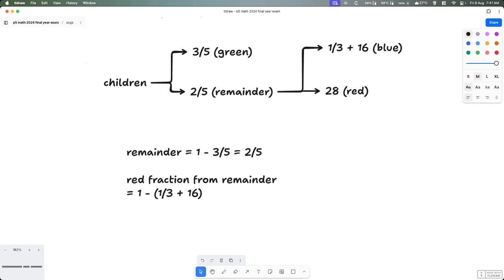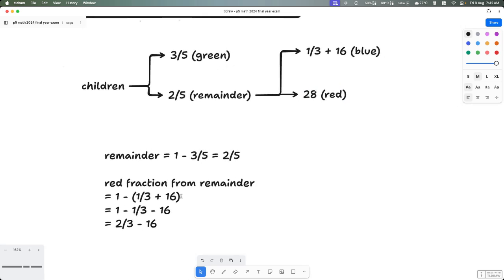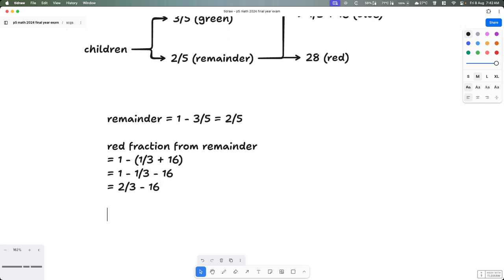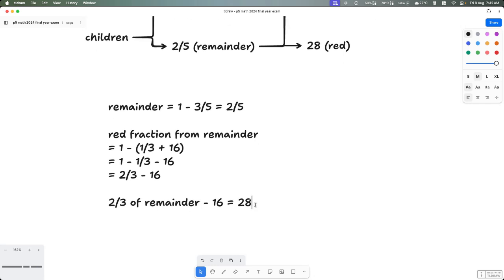This is equal to 1 minus 1 third minus 1/6, and this will give us 2 thirds minus 1/6. So that means red fraction from remainder is 2 thirds out of 1/6. This also means 2 thirds minus 1/6 is equal to 28 children, right? So 2 thirds of remainder minus 1/6 is 28.